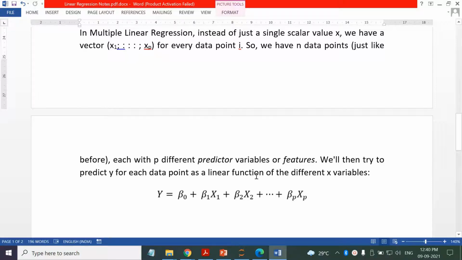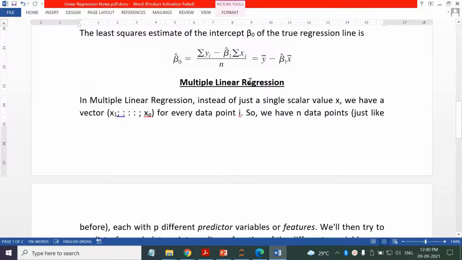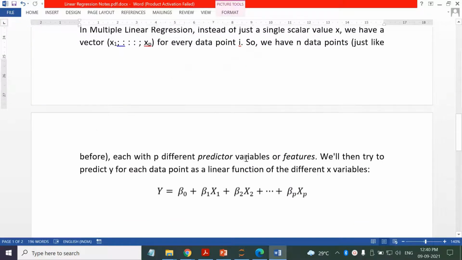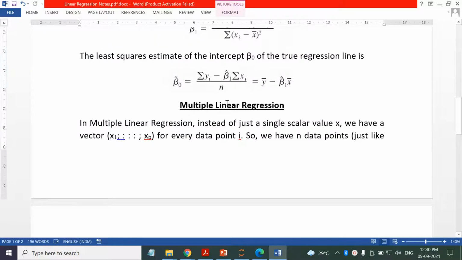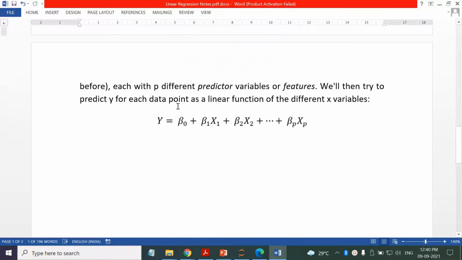If you use more than one feature, it is multiple linear regression. And again it is linear only, a line equation only. There is no polynomial here. x1, x2 are the variables only. So this is the equation of multiple linear regression.